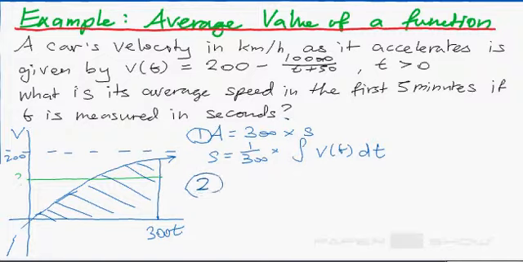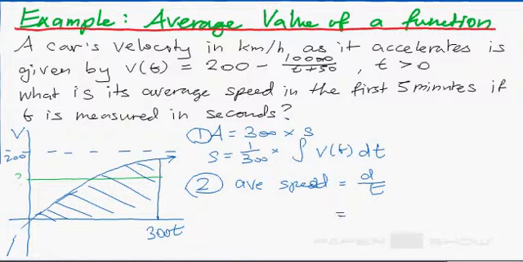Now, the second way of thinking about it is really simple. You just say average speed is obviously equal to distance over time, right? So we ignore this second car altogether. What's the distance?